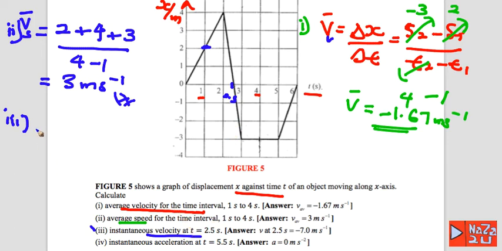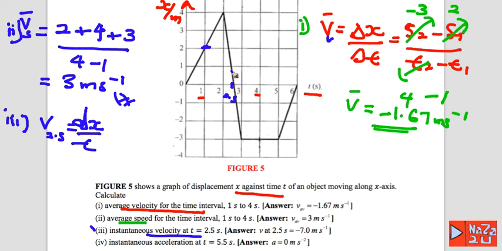If you look at the definition, at the time t of 2.5 seconds, use the displacement, delta x, over the time t. This is dx, meaning what is the distance here at 2.5.